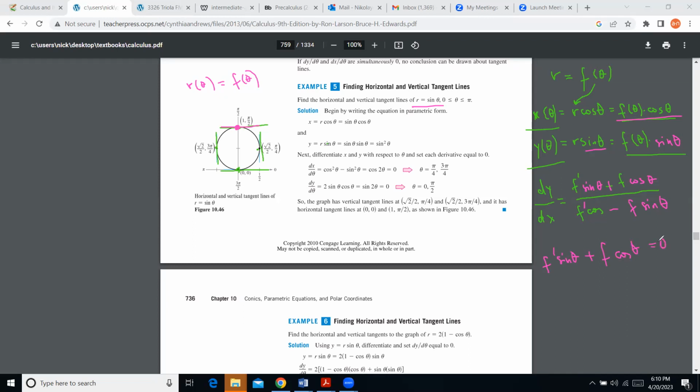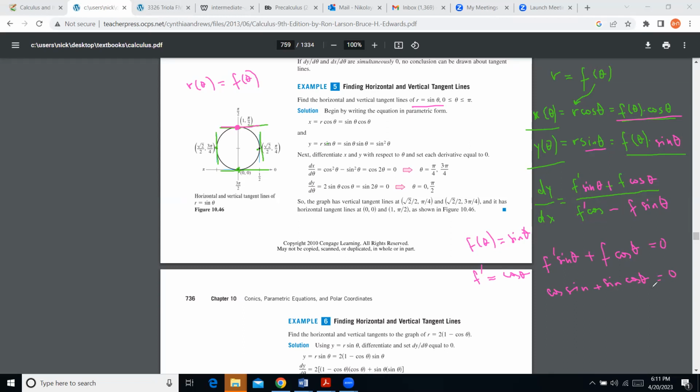And of course, since my function is given as a sine theta, then I can utilize that f prime as cosine of theta. So you can go ahead and replace here the cosine times sine plus f is going to be a sine times cosine is equal to 0.